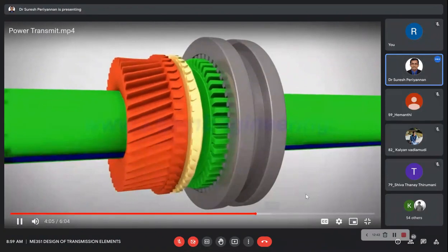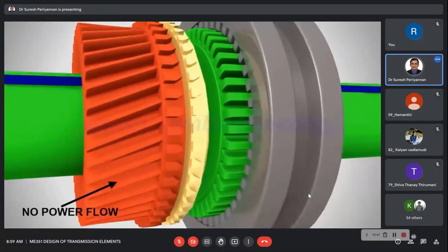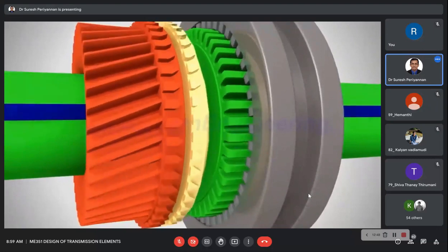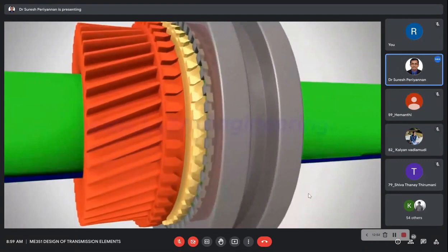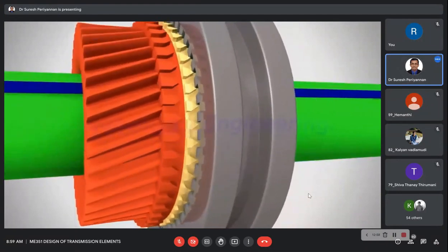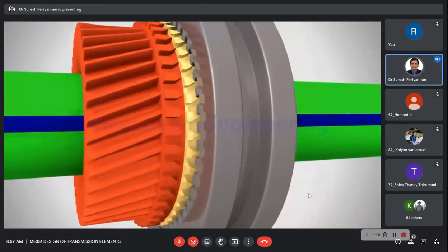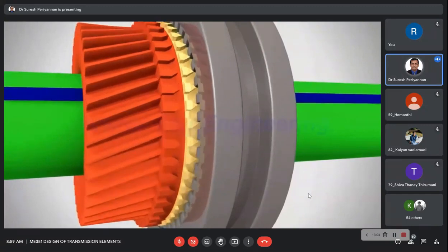Before moving the sleeve, the clutch pedal is pressed. This way, power flow to the gear is discontinued. When we move the sleeve, it will press the synchronizer ring against the cone. Due to the high frictional force between the synchronizer ring and cone, the speed of the gear will become the same as the shaft.